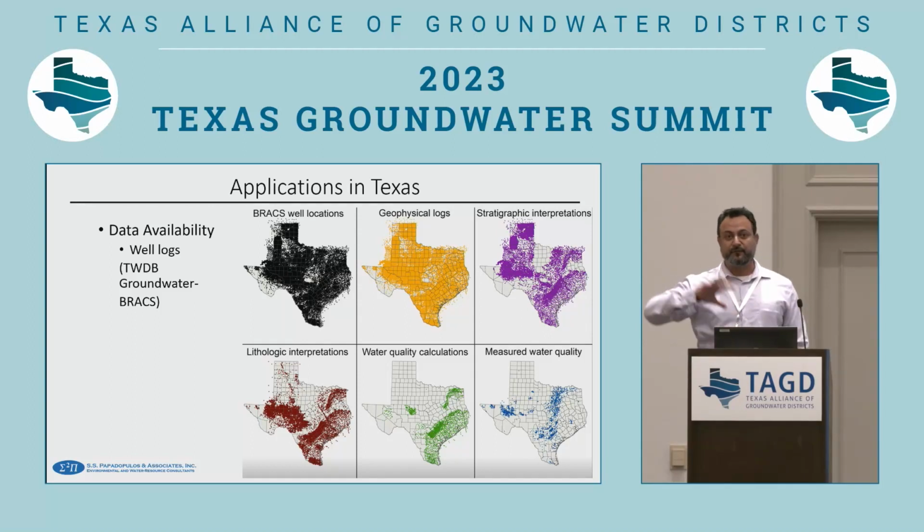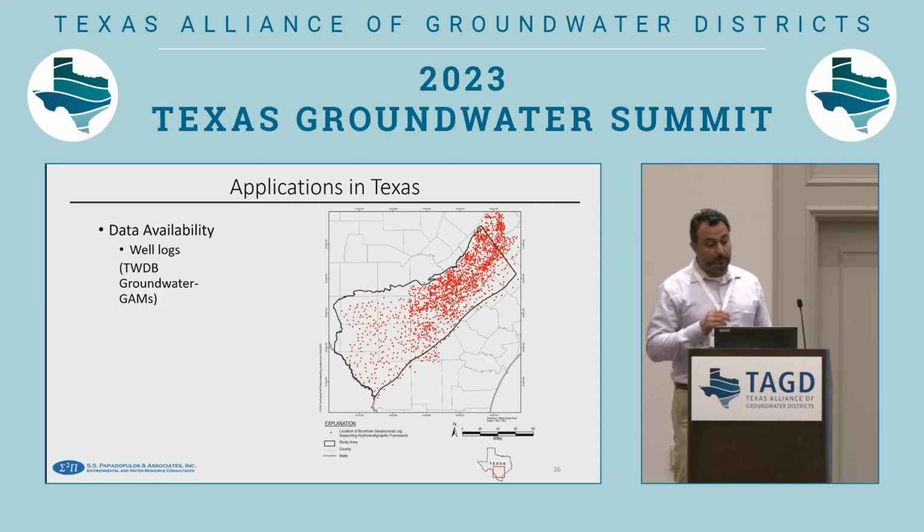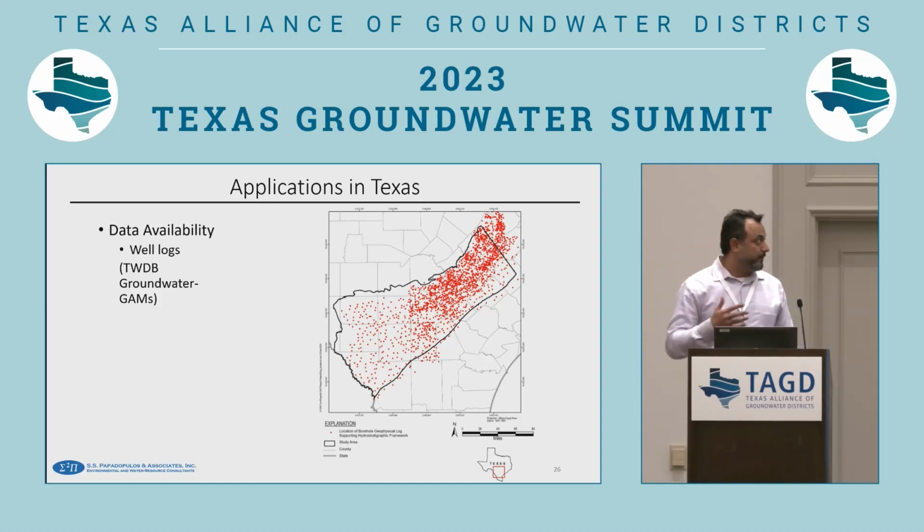And that's primarily like the first part of what you saw Vivek speak about. But the other part is also the GAM team and a lot of the well logs that are available through the GAM team. And some of the newer models that are coming through, they do calculate percent fines. And in most of the newer stuff that we are seeing, they are calculating percent fine, percent coarse.